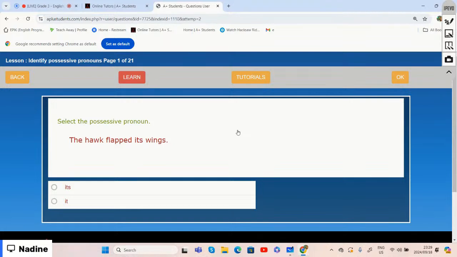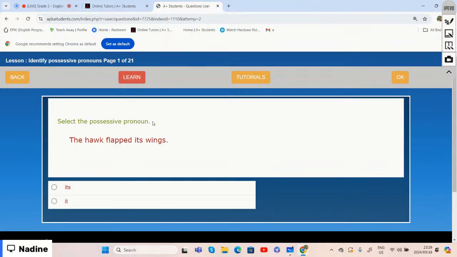It says the hawk flapped its wings. Is it option one, its, or option two, it's?